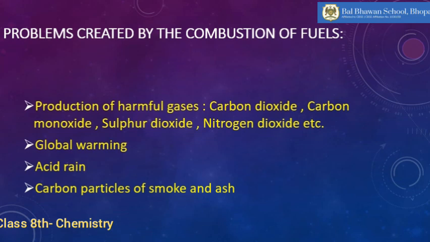So all these are the harmful effects of combustion of fuels. So we have to select the fuels wisely so that they will cause less harm to the environment, and at the same time they will give us heat energy or light energy for which we are using them.